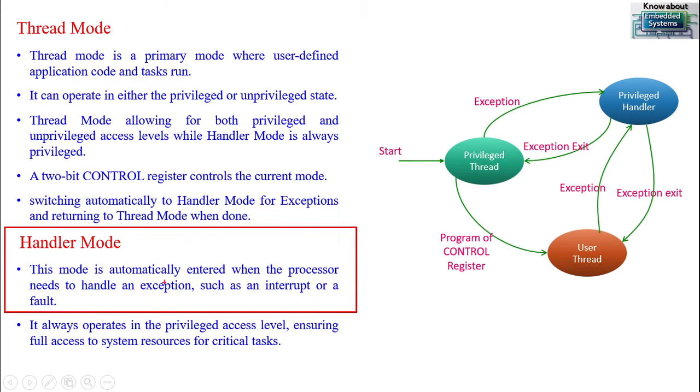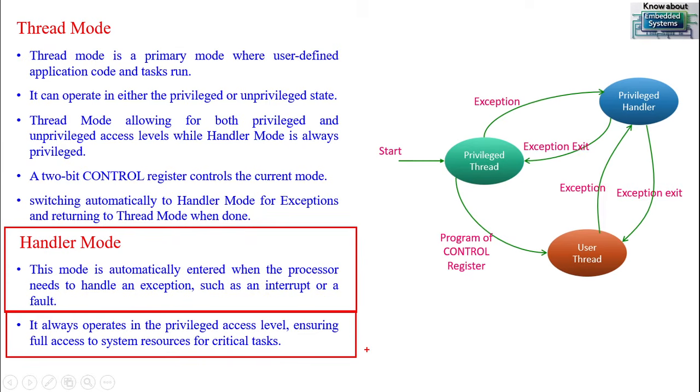This mode is automatically entered when the processor needs to handle some exception or interrupt. Whenever the processor has to execute some handler, it will enter the privileged mode. Always this handler mode will be in full access mode. It's also called privileged mode.